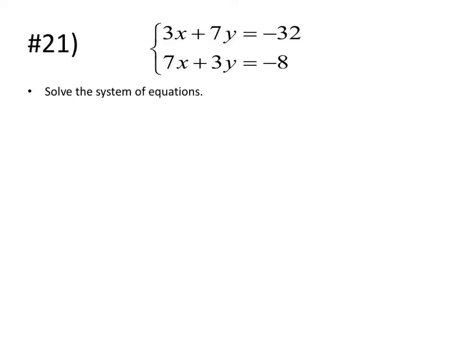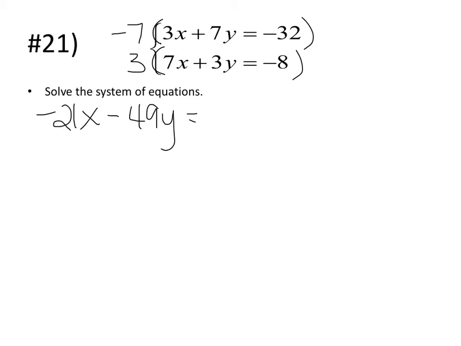All right. Looks like we have now hit a system of equations where we're going to have to multiply both equations by something, because I can't make 3 negative 7 in order to cancel 7, and same thing here. So we're going to multiply this equation by 7, this equation by 3, but I need one of them to be negative in order to get them to cancel. So I've got negative 21x minus 49y is equal to 224.